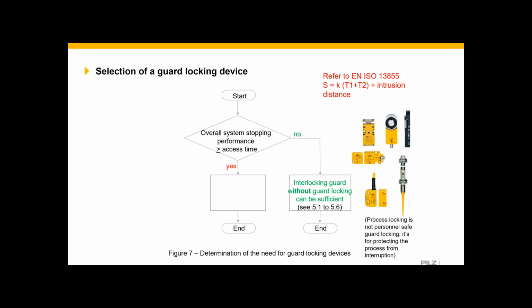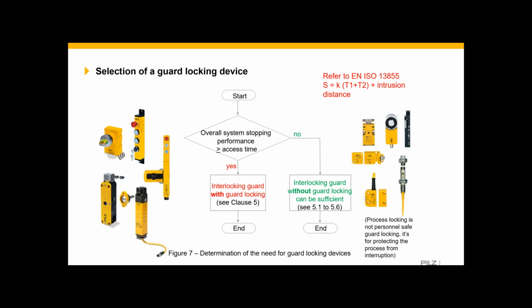We can also refer to 13855 to look at the stopping time required. If the stopping time of the machine is greater than the access time, then we'd need to use an interlocking guard with guard locking.